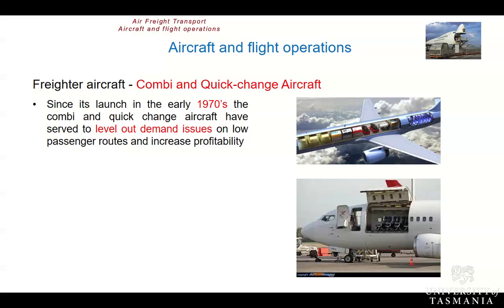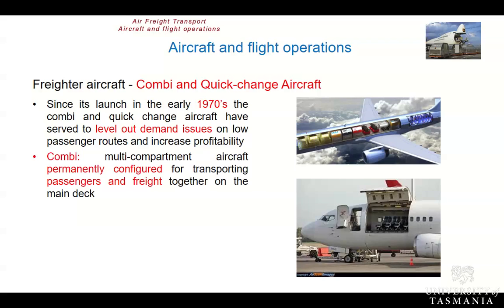It was typically a time when the growth of air cargo wasn't enough to sustain one aircraft to carry that air cargo, and the same goes for passenger aircraft. So it was really a compromise where you could have a Combi, a multi-compartment aircraft permanently configured to have both cargo and passengers on the same deck, all travelling together on the main deck.